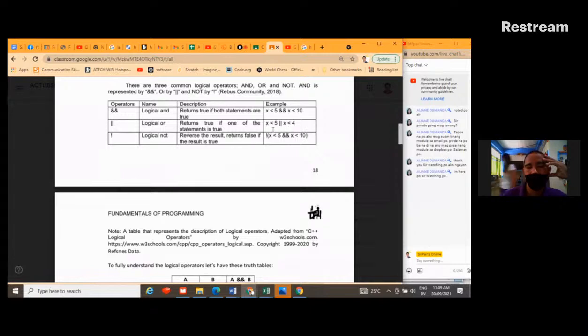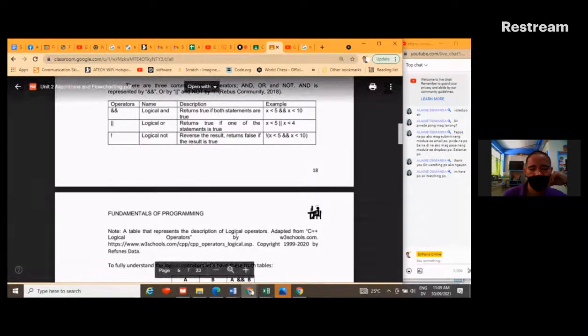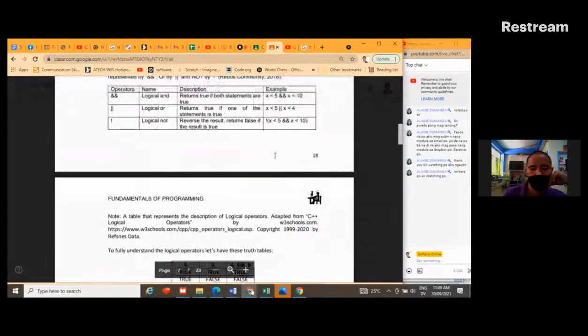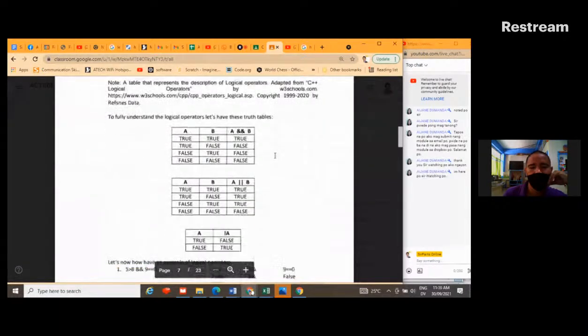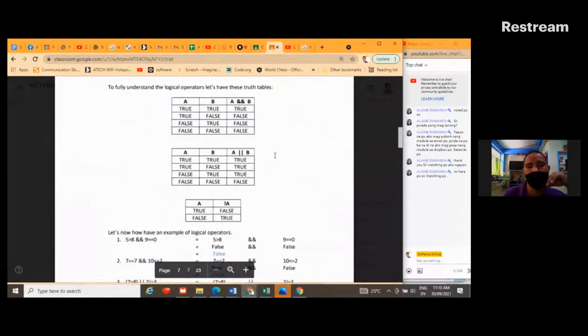So you need to compute first in the parentheses. So what you'll do here, let's say you have 3, 3 is less than 5 and 3 is less than 10. This is true. So when you negate the result, which is true, the output would be false. Okay, so we have here some truth tables for the AND.